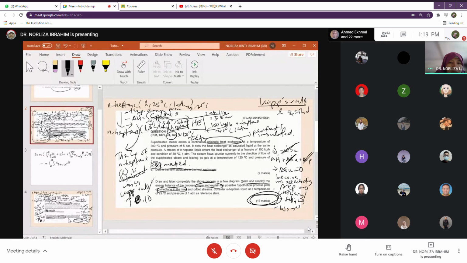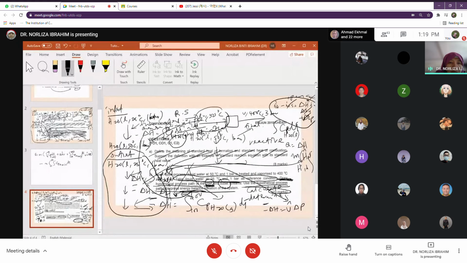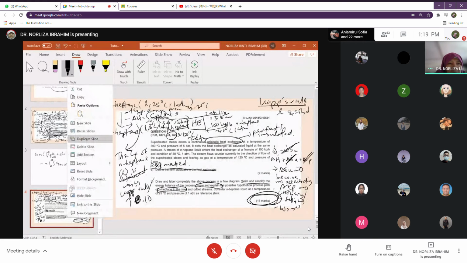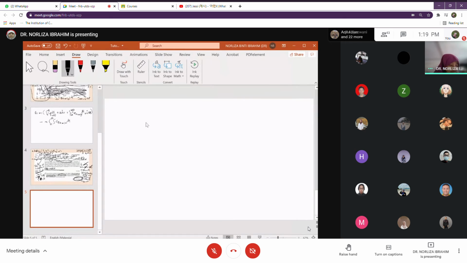Wait, let me add another slide. Okay, so as I mentioned earlier, the elaboration is that, but before that, I would like to answer Nidia previously about the 20 degrees C. Actually you can use it at any temperature.